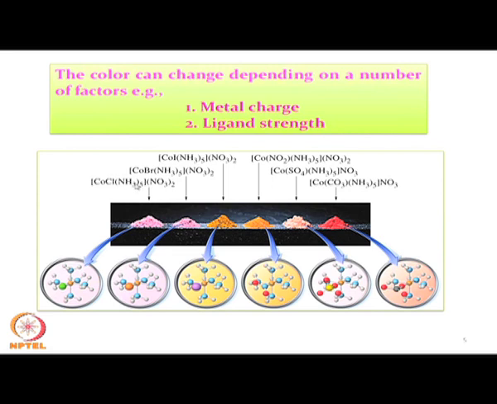So, 5 ammonia ligands are fixed, with the nitrogen and 3 hydrogens attached. Only one particular bond is being monitored, and due to that particular bond change, we see a drastic variation in the color. From light pink to reddish compound, we are giving all 6 compounds due to the change of one particular ligand.